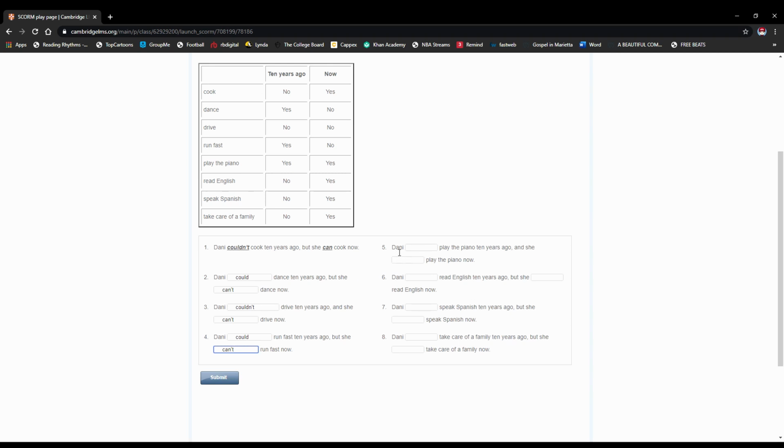Continuing. Play the piano. Danny could play the piano 10 years ago, and she can play the piano now. Okay, good.